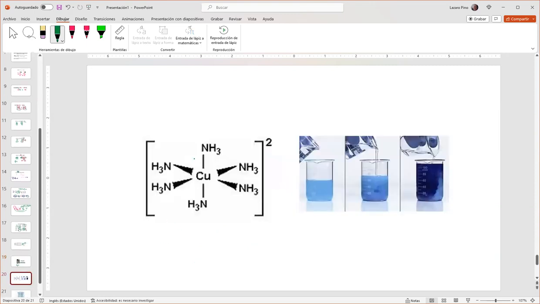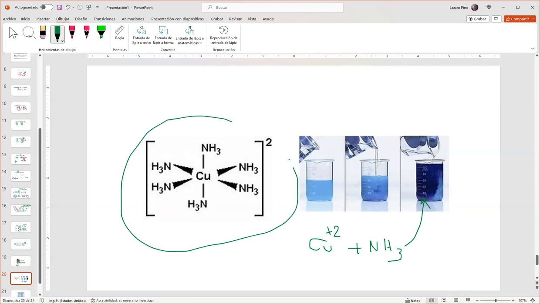And here you have a complexation, because you combine, for example, the copper 2+ cation with ammonia to make a substance that has a very deep blue color. In this case, this is a complex substance. That is this one that is represented here.